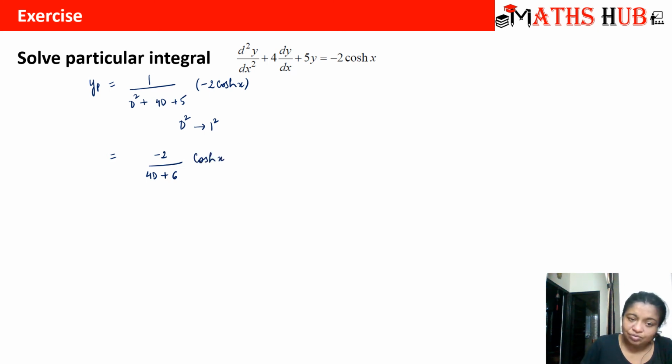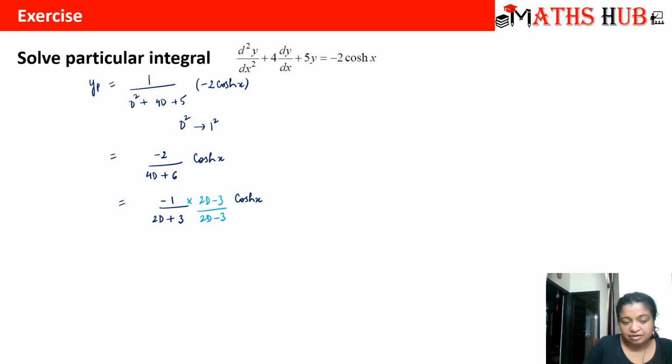I can take out 2 common, the 2 will get cancelled, and I'll finally get 1 by (2D plus 3) times cos hyperbolic x. Again, the D in the denominator can be finished off by multiplying with its conjugate, which is (2D minus 3) upon (2D minus 3).